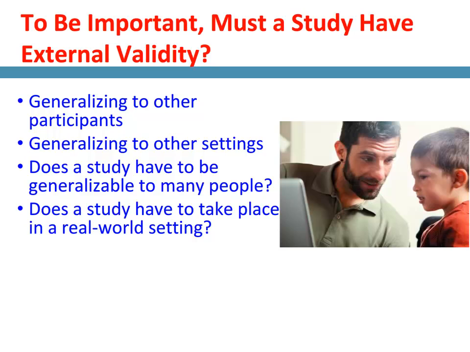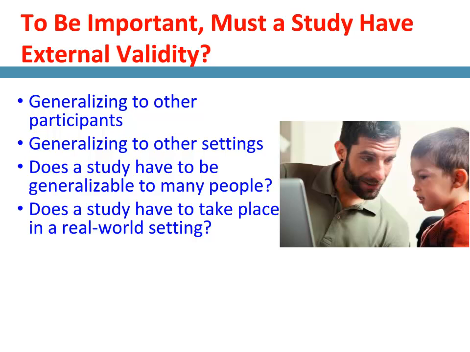Does the study have to take place in a real-world setting? So again, this returns to the idea of ecological validity. Something that happened in a lab, could it happen in the real world? There are things you can do in a lab setting to more closely approximate a real-life setting. So again, you have to balance these things and consider these things.